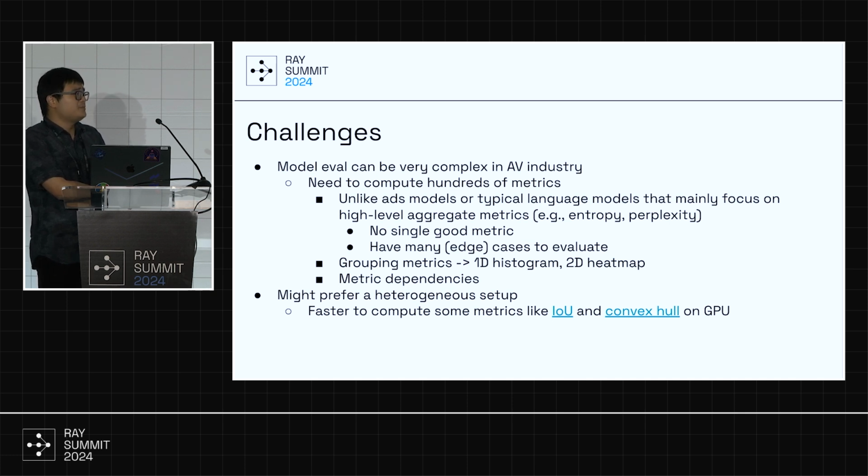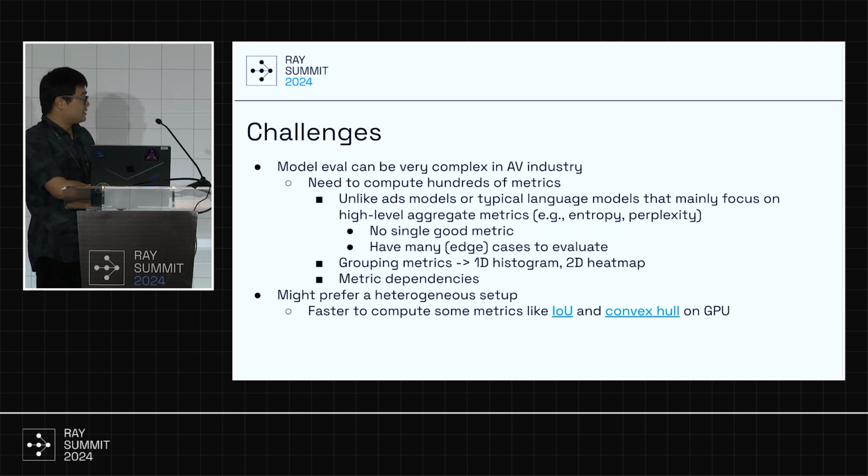When I worked in big tech companies, for example optimizing a ranking model or language models, the metrics we needed to evaluate were relatively high-level aggregated metrics like entropy or perplexity. But in our AV industry, because safety is really critical, we need to evaluate metrics in many, many cases, including a lot of edge cases.